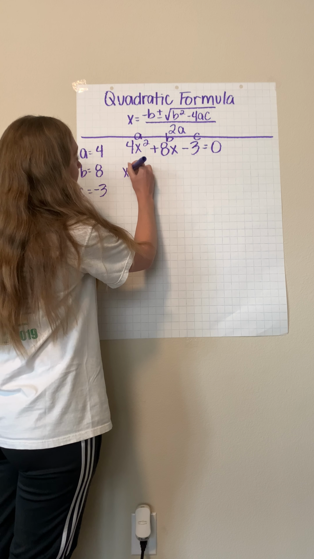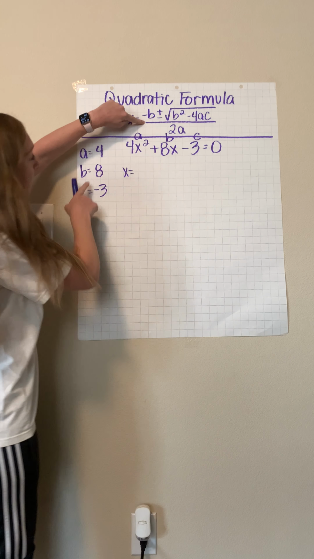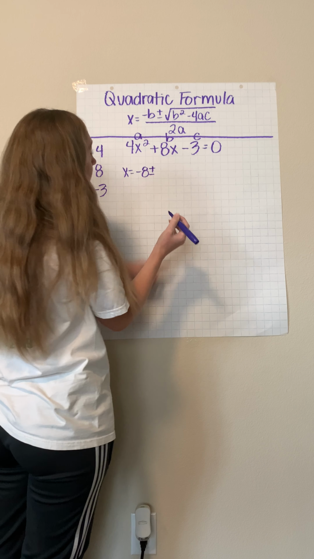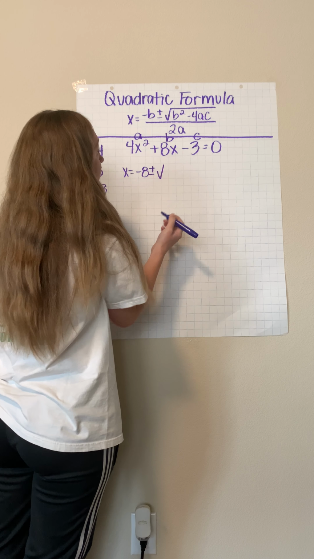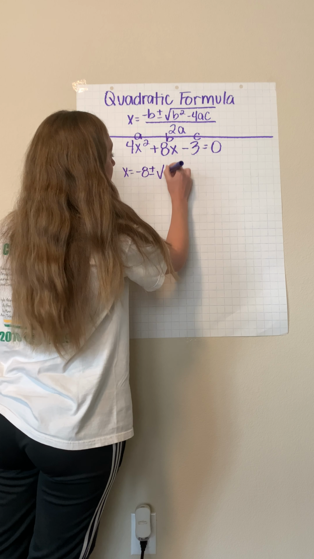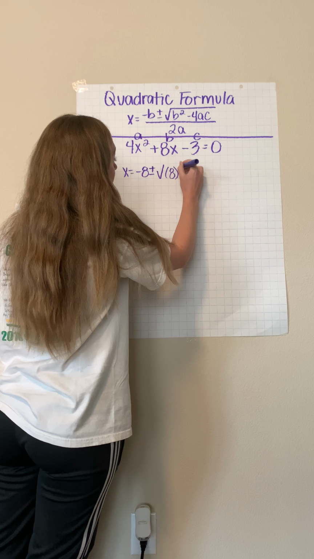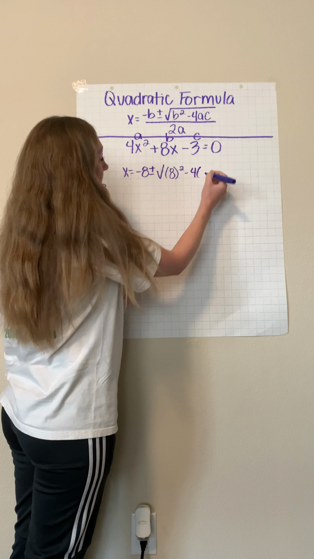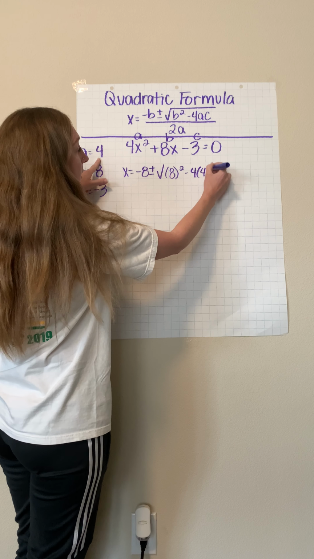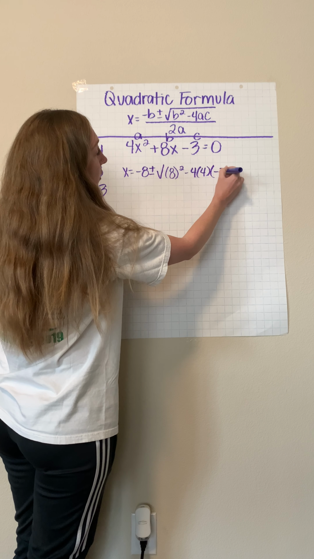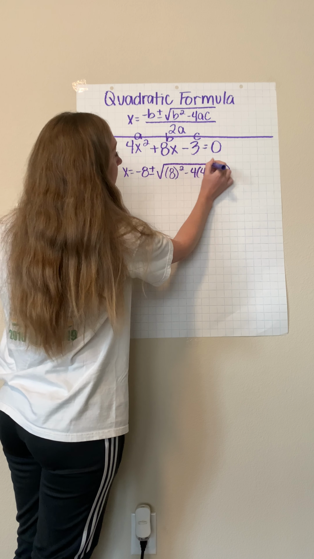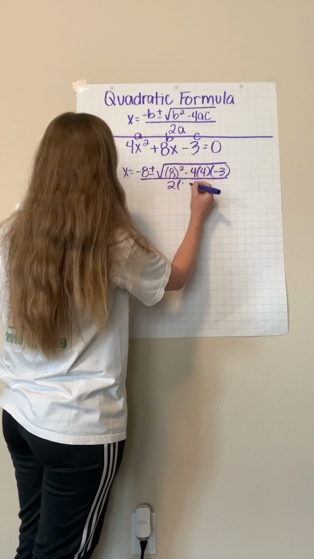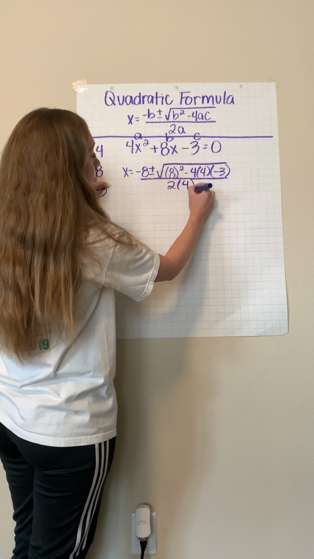So I've got x is equal to negative b, so -8, plus or minus the square root of b squared, so that would be 8 squared, minus 4ac, minus 4 times 4 times -3. And all of this is being divided by 2 times a, which is 4.